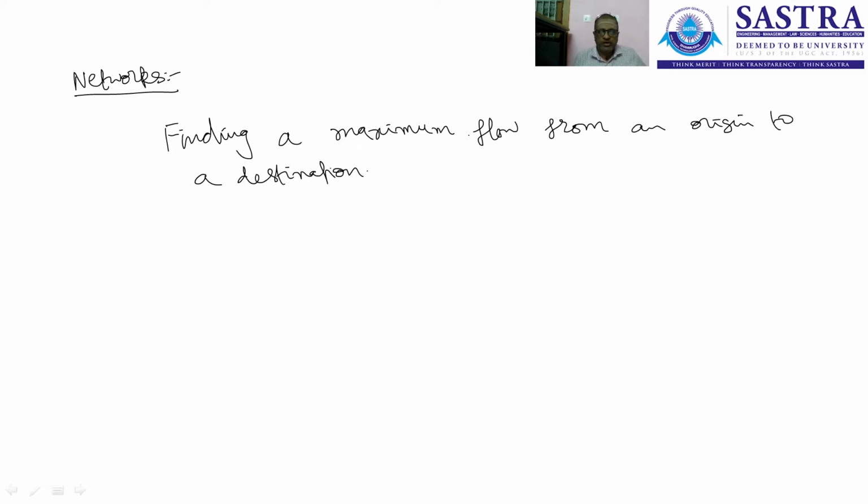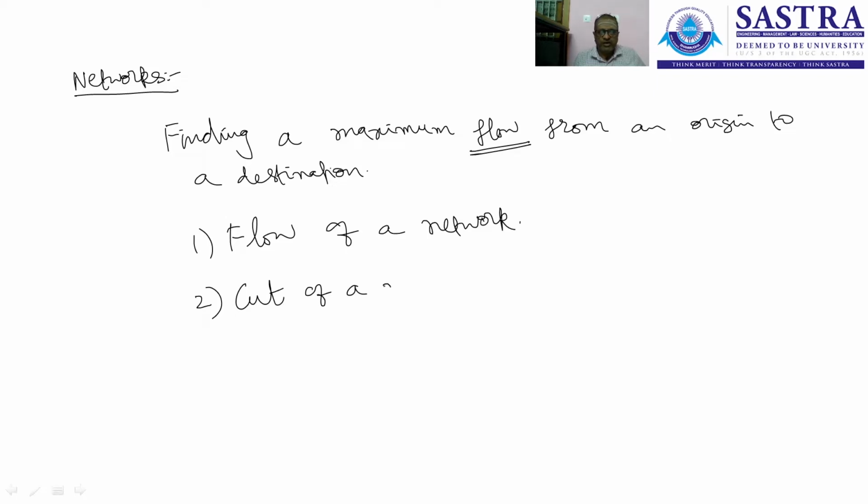So we will first define what is meant by a flow of a network. And then the second thing that we will do is we will find the cut of a network.